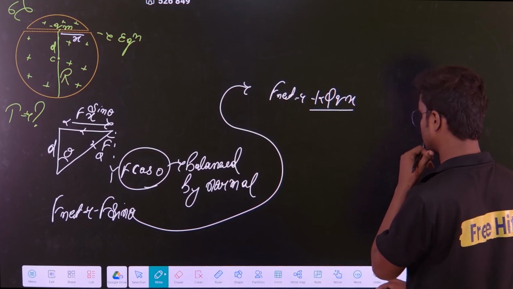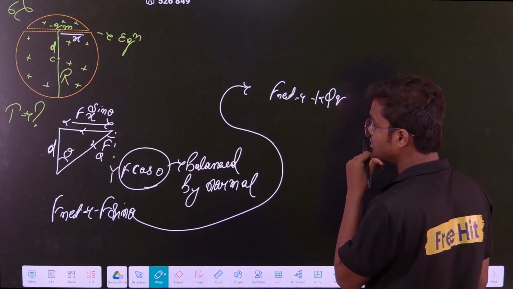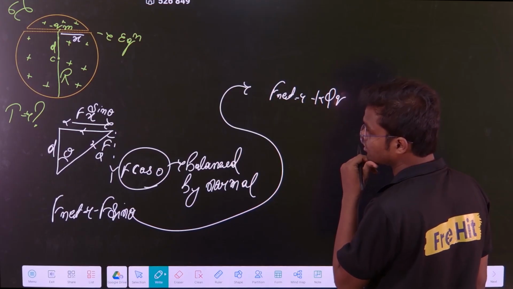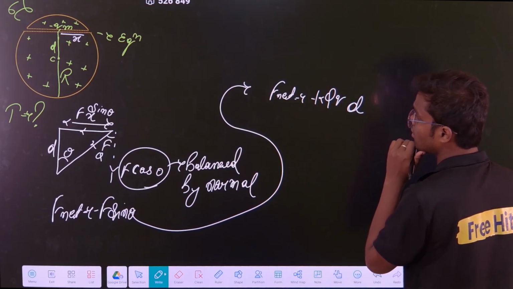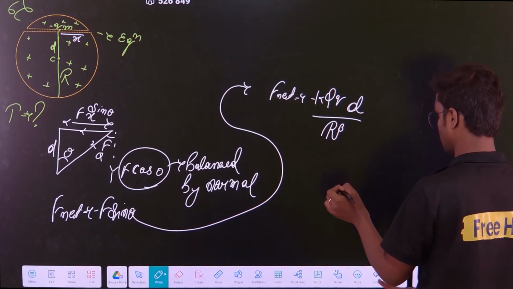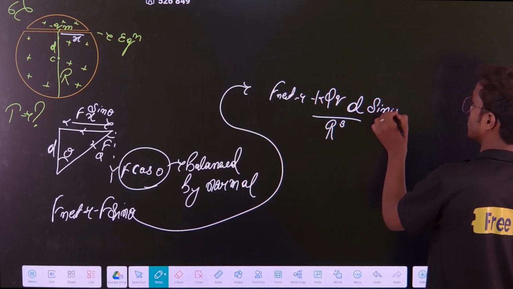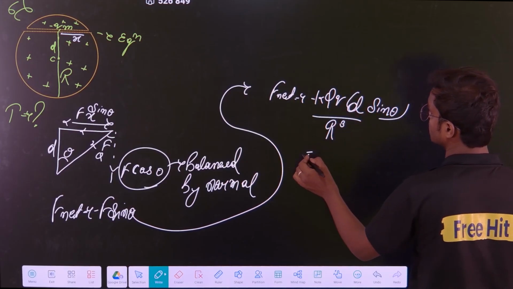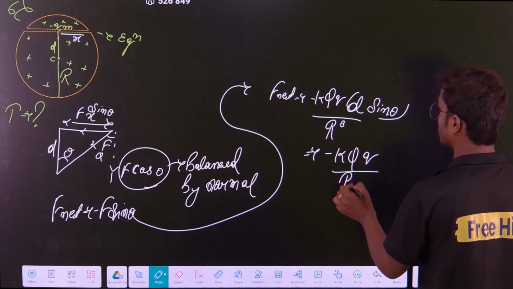Not x. What is the electric field there? Is it d, the distance from the center, d upon r cube, upon r cube into sin theta. Now what is d sin theta? Again kQq by r cube.